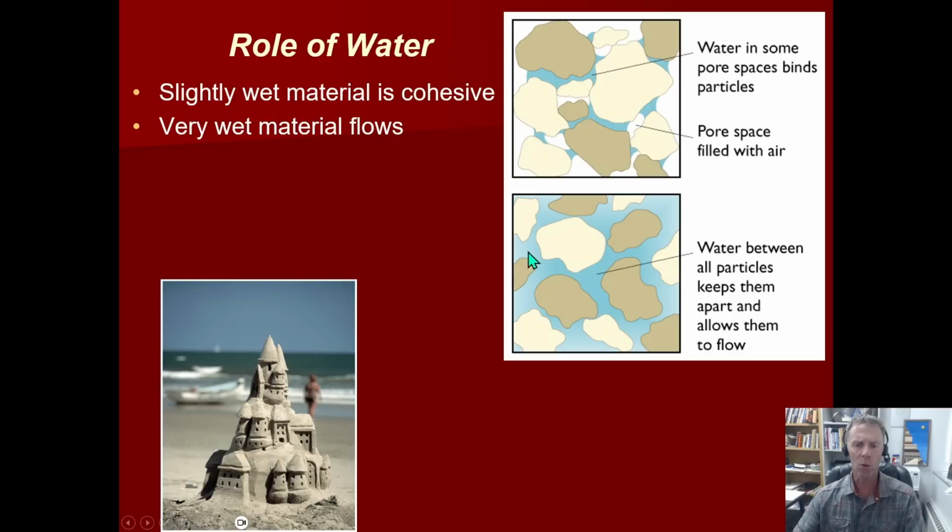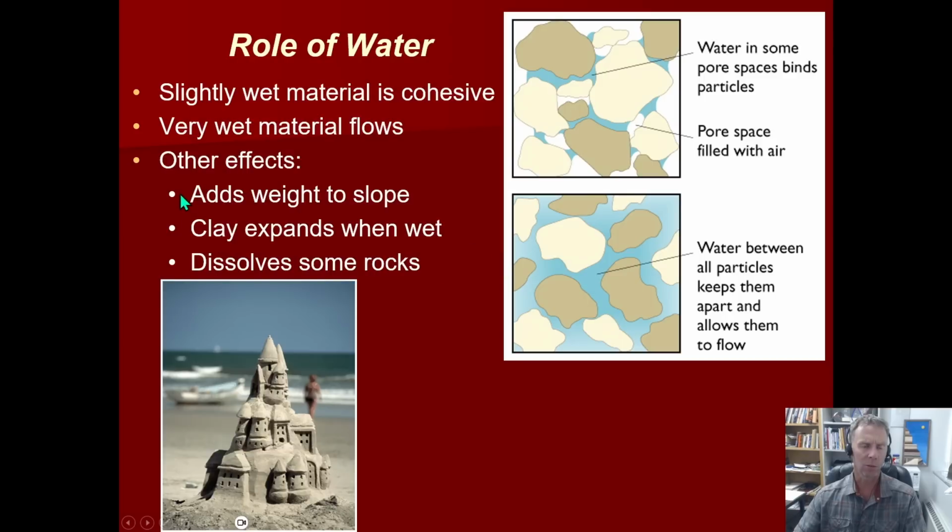But when we add more water, that water is forced into the pore spaces between the particles, separating them, and then we lose all our cohesive properties. And the material basically flows. It's no longer able to maintain any sort of structural stability. And so that's what happens when we get too much water in our sediment.